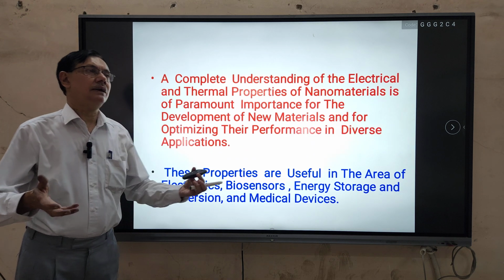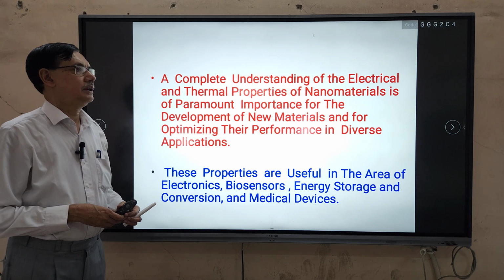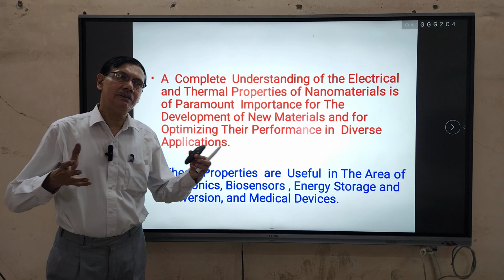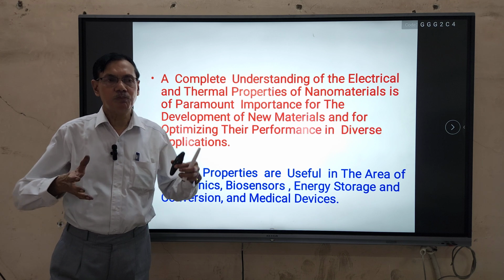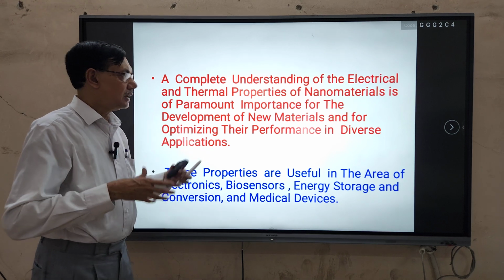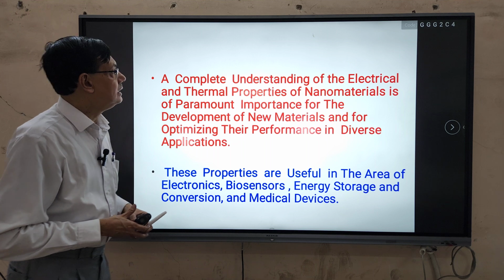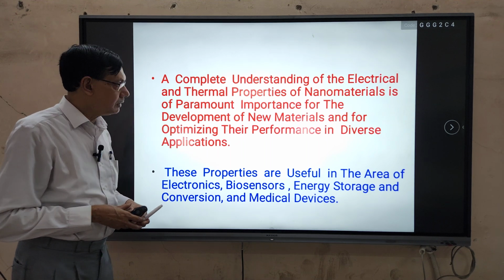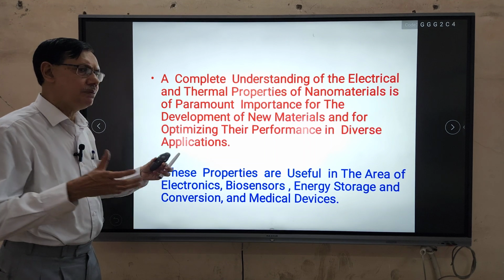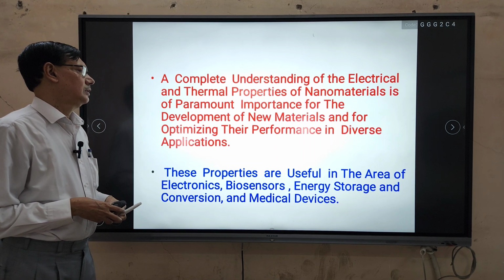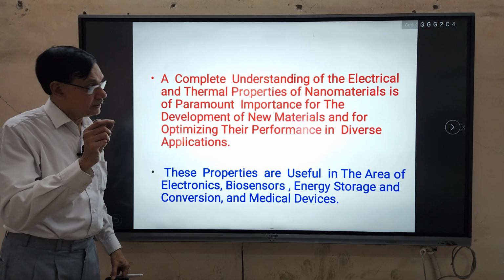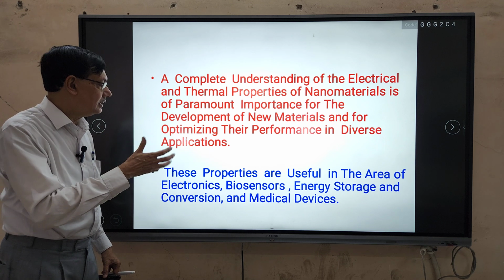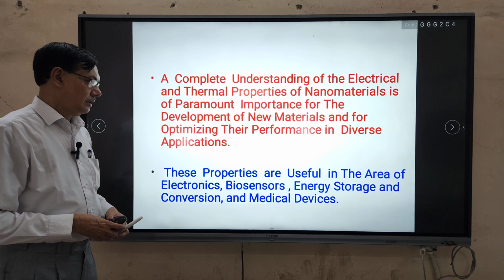So why are we studying this type of electrical properties? Because you also might have heard about the tremendous application of these nanomaterials in optoelectronics or in the thermoelectronic area. So a complete understanding of the electrical and thermal properties of the nanomaterial is of really paramount importance for the development of new materials and optimizing their performance in diverse applications.